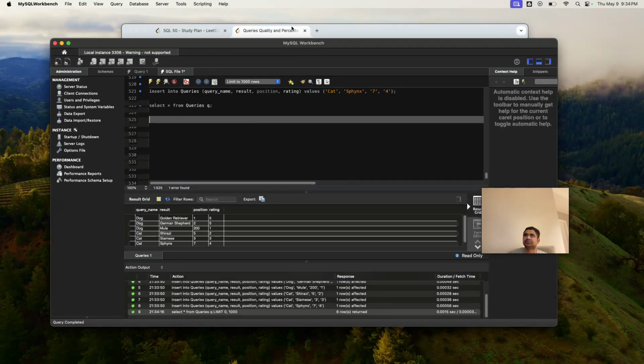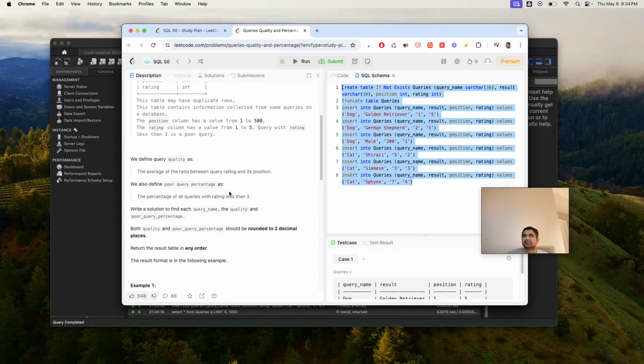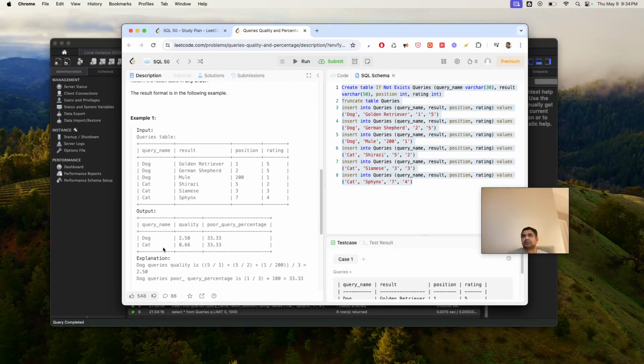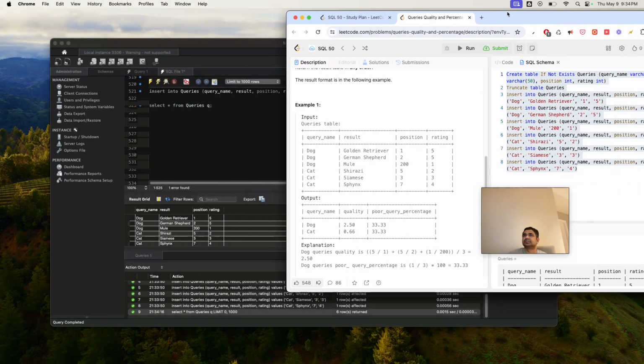Right now you need to go back to your question and see what exactly we need. Group by you will get this one, and the quality and poor query percentage, those are the two columns you need.